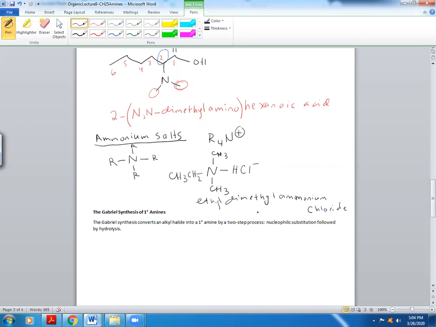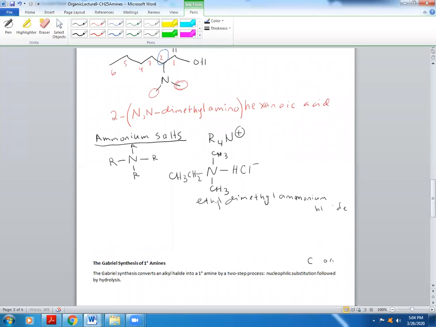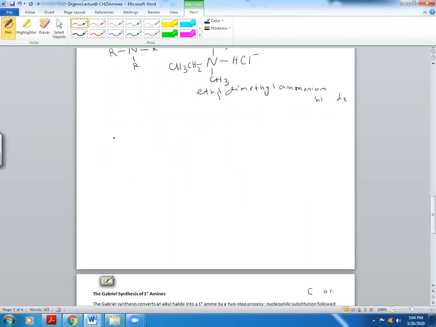And then you have amine hydrochlorides, where they have an HCl attached to them, or they have an amine.